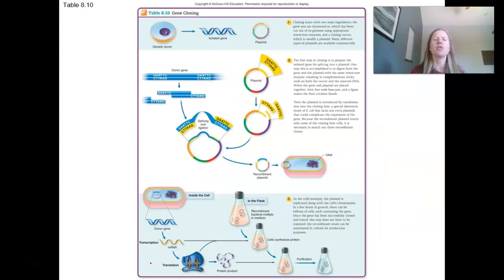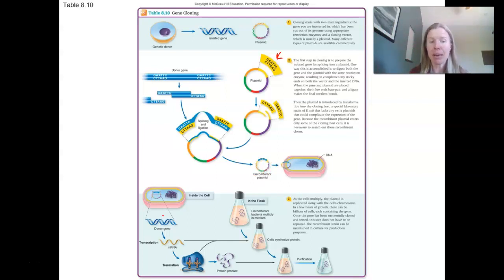Okay, so then we get into gene cloning. What this is looking at is a recombinant organism. We have a genetic donor here. We're going to find the gene we're interested in and insert it into a plasmid. We can then give that recombinant plasmid, some of it bacterial, some of it say human, to a bacterium.